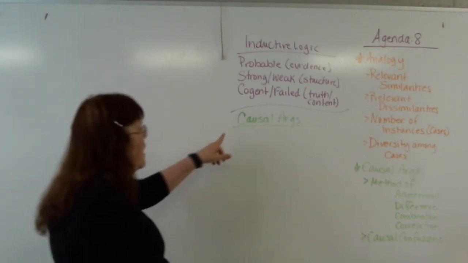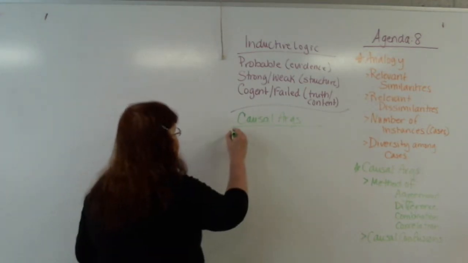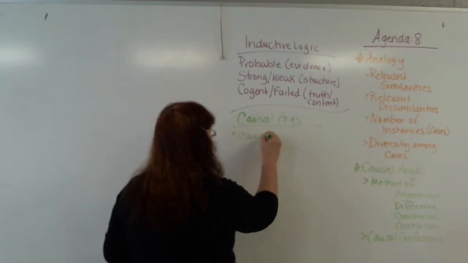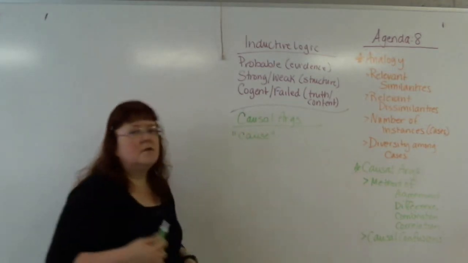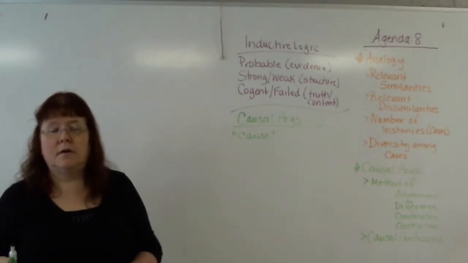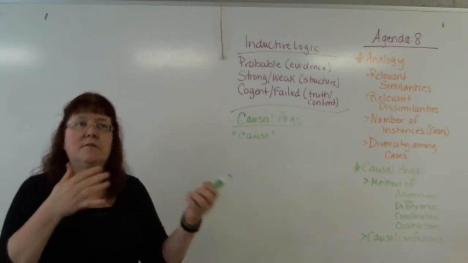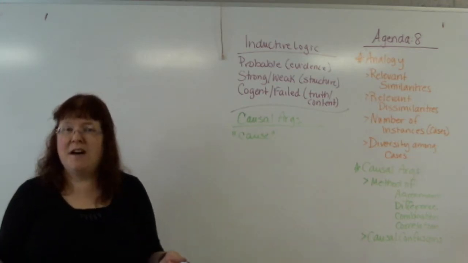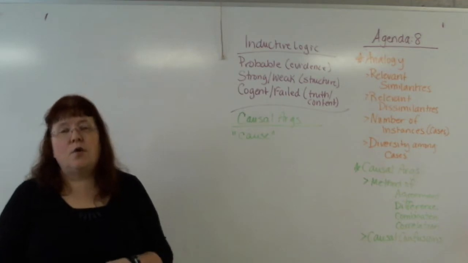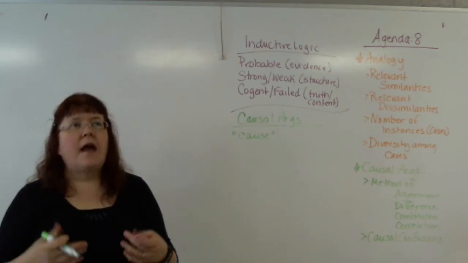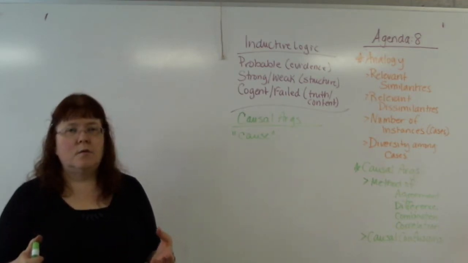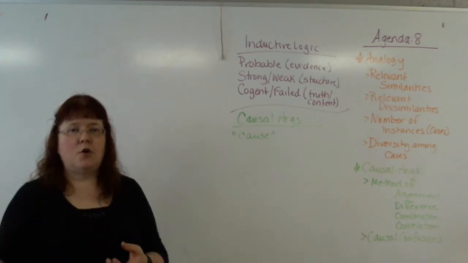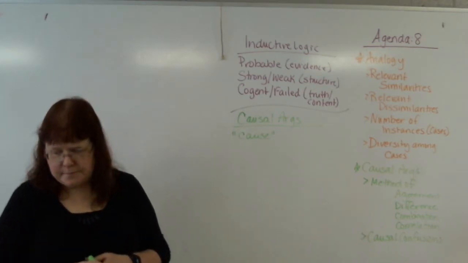When we're looking at a causal argument, this idea of cause is difficult to prove or support. Just because something comes before something else doesn't mean it causes it, right? So we have to think about how well our evidence shows this particular causality.